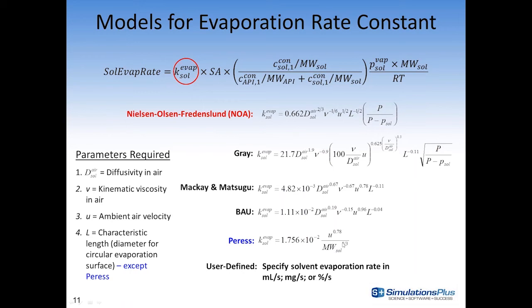Things like the molecular weight of the solvent can also play a role. When we were originally developing the module, we had all of these. We didn't know which one was best, so we said, okay, let's just provide all of them to the user.